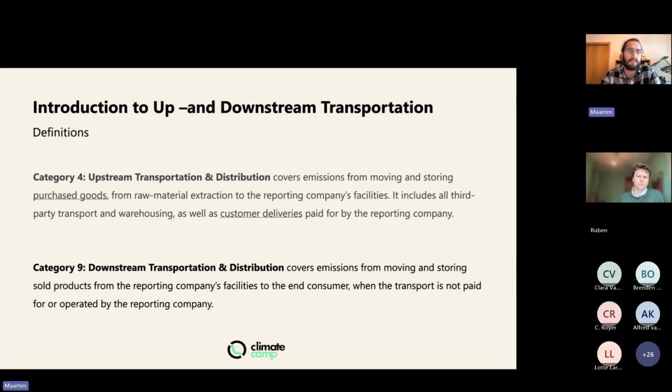Whereas Category 9, downstream transportation and distribution, covers all the emissions from moving and storing sold products from the reporting company's facility to the end customer, where the transport is not paid for or operated by the reporting company. This is an important distinction, which we will come back to later in this webinar as well.